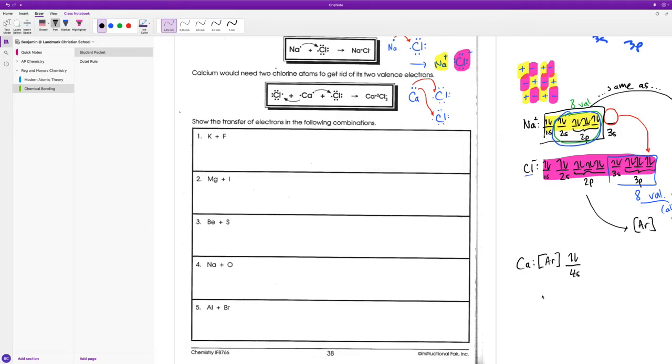Meanwhile, chlorine, we could write it out like neon, 3s and 3p. One of the electrons can go right down here, but we've got to get rid of another electron, and so you need another chlorine atom to do that.